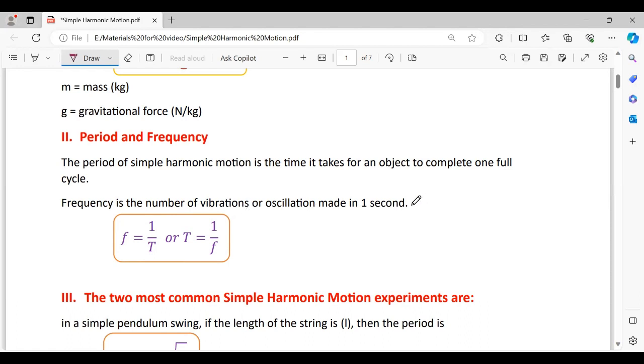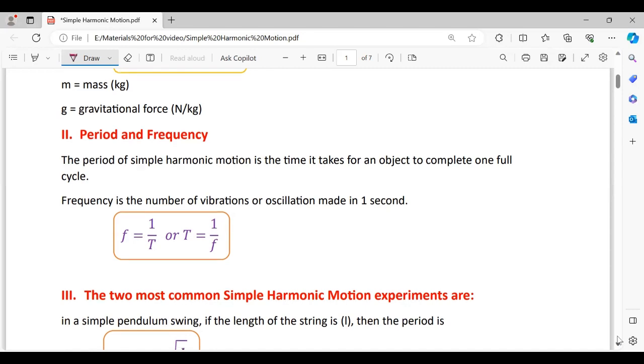The formulas for frequency and period are F equals 1 over T, and T equals 1 over F. I think these formulas are familiar for students who will learn this material, simple harmonic motion.